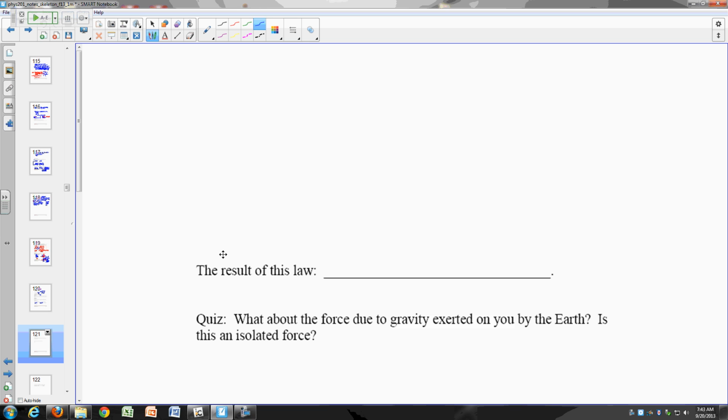So let's say that I have an object here, and I have an object here, and they're pushing on one another. So this object is pushing on this object with a certain force. I'll call it F21. And then this object, the red box, is pushing on the blue box with a force. I'll call it F12.